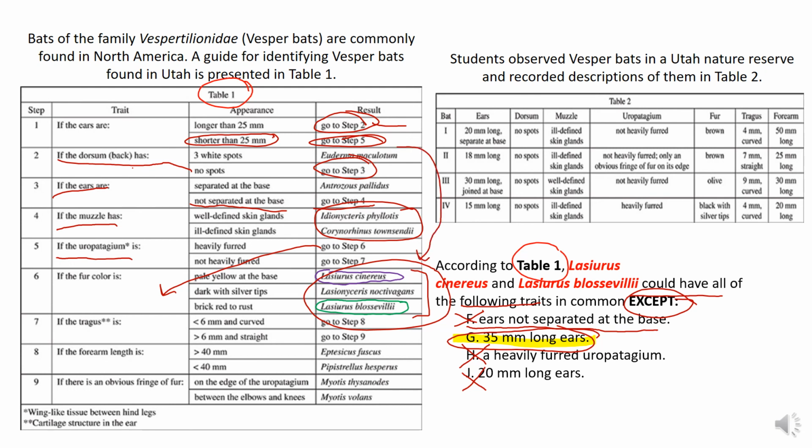So technically we don't really know about this one because we don't really know if they have that. We just skip steps. Sometimes the characteristics do not give us all of the steps that we need. But the only one that would make sense, if anything is longer than that, we're automatically cut off. If it's longer, that's the first thing that we did. And 35 is way longer. The only way we can get to them is having short.